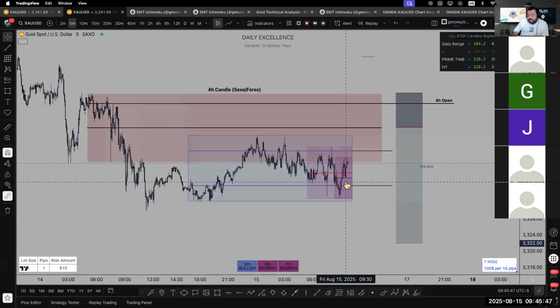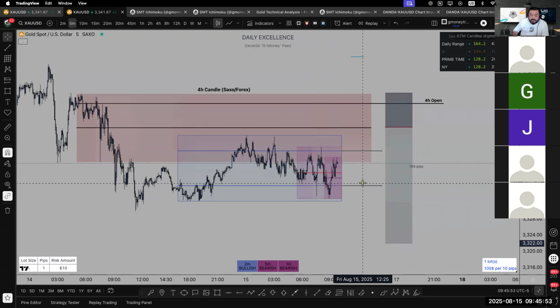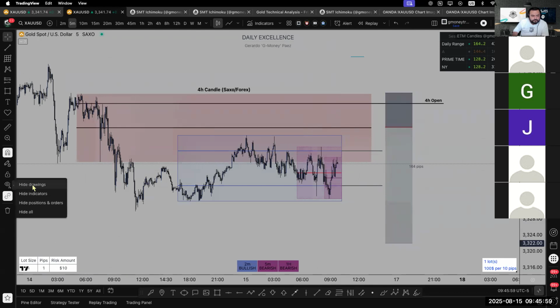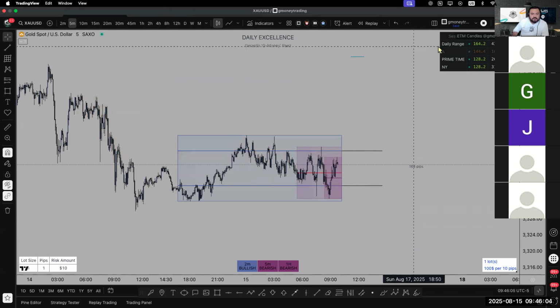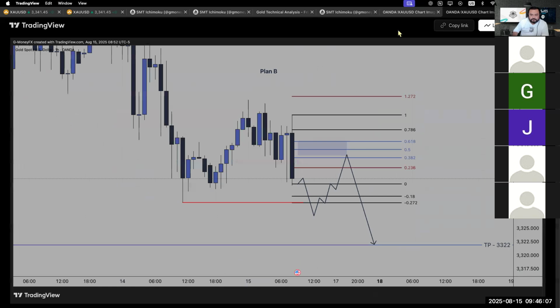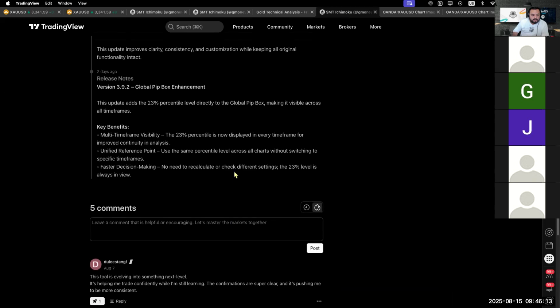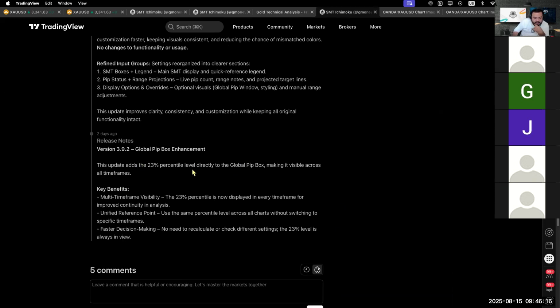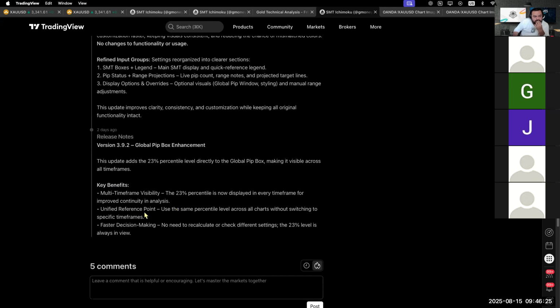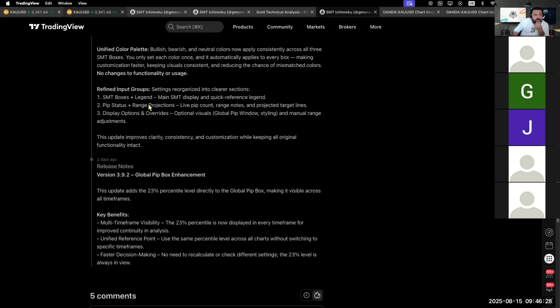And again, what did I do with this new update? I think I just added, man, I forgot now what I did. Yeah, this line here. What did I do with this new update? Second here, let me check. SMT 3.92. The 23 percentiles, all time frames. Oh, I adjusted the momentum.